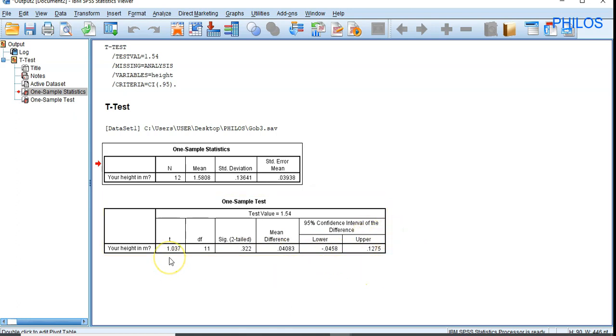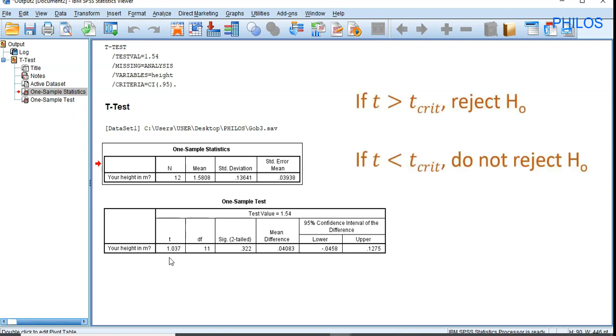Okay, now to make decision, I'm going to show you 3 different ways of arriving at your decision. Okay, and you still end up getting same answer. Okay, now the first one is using the critical value method. Now how is the critical value method used? So kindly write this down. If the absolute value of the test statistic is greater than the critical value of t, we reject the null hypothesis.